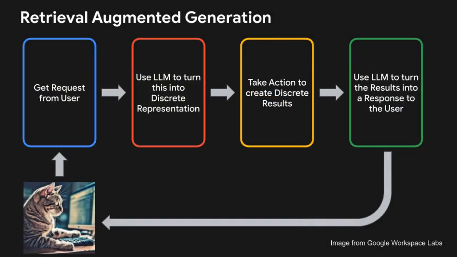The way I like to think of it is the retrieval part is taking a fuzzy human statement and turning it into a discrete object. Whether that discrete object is an SQL query, a formula, or a set of embeddings, whatever, I've now turned it into something discrete that traditional programming can understand. Or it could be, as we discussed in a previous episode, turning it into a typed data structure.